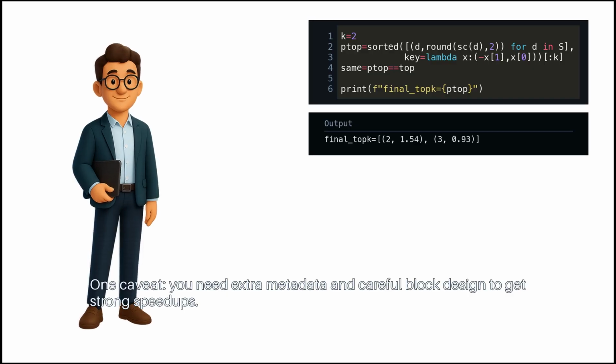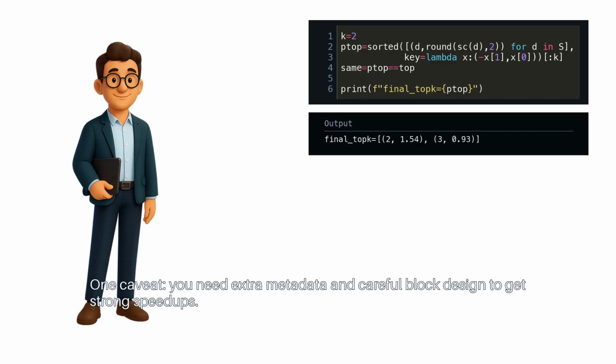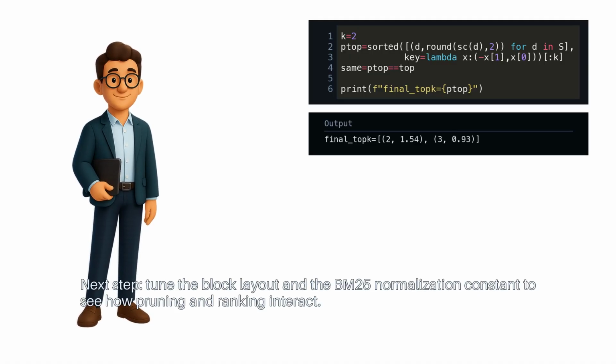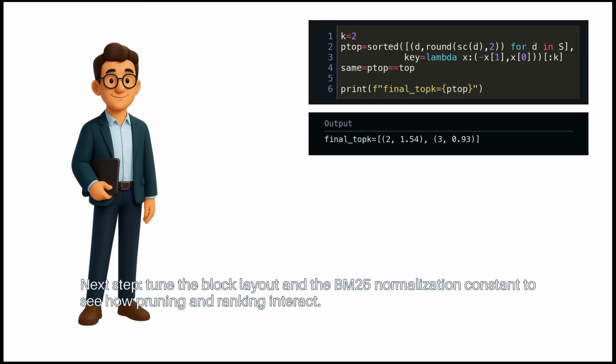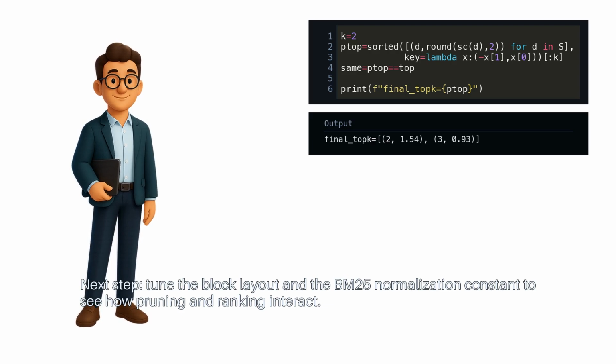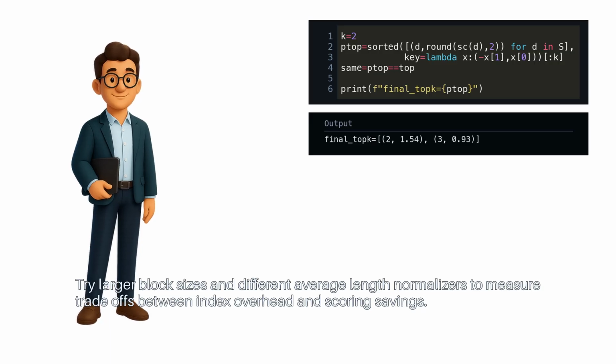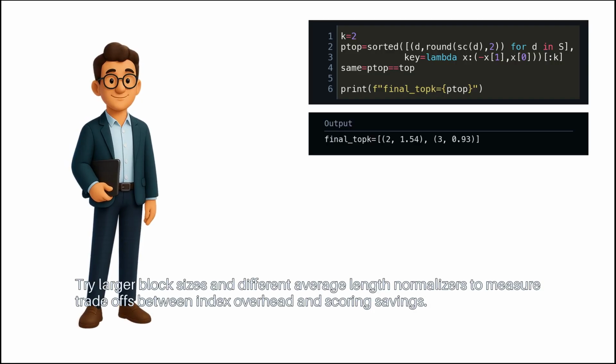One caveat: you need extra metadata and careful block design to get strong speedups. Next step: tune the block layout and the BM25 normalization constant to see how pruning and ranking interact. Try larger block sizes and different average length normalizers to measure trade-offs between index overhead and scoring savings.